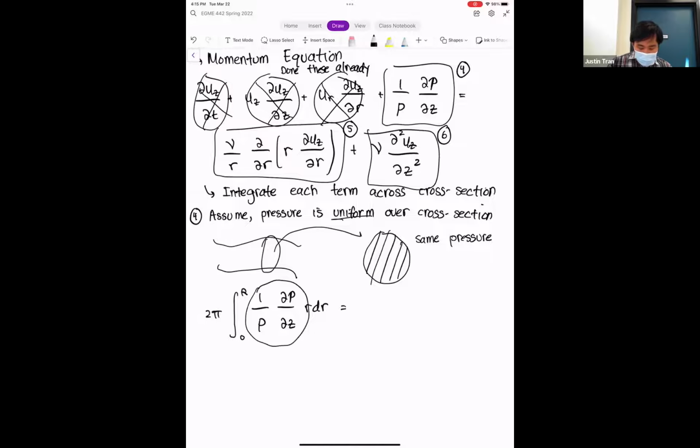And so that is a constant. We're going to assume that that's not going to change. And so since it's a constant, we can pull it out of the integral. Okay. And so what we have from there is 2 pi nu integral from 0 to big R partial r of r partial uz partial r dr.